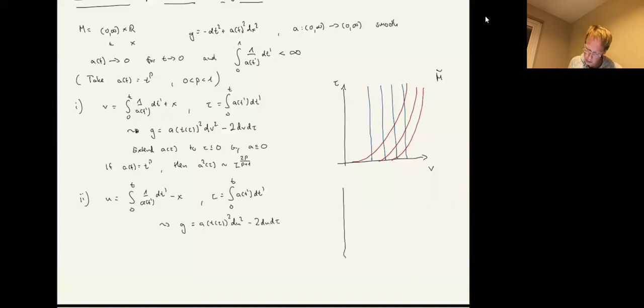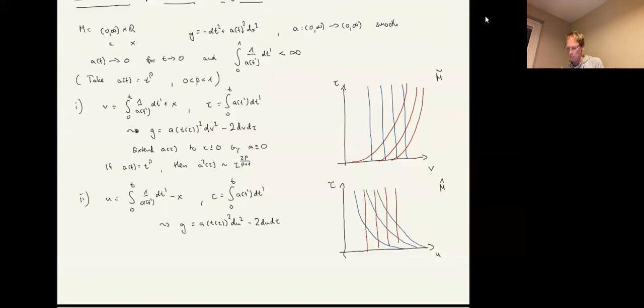And here in this second extension, I straighten out the left-going null geodesics, and the right-going ones become tangent to the boundary at tau equals 0.